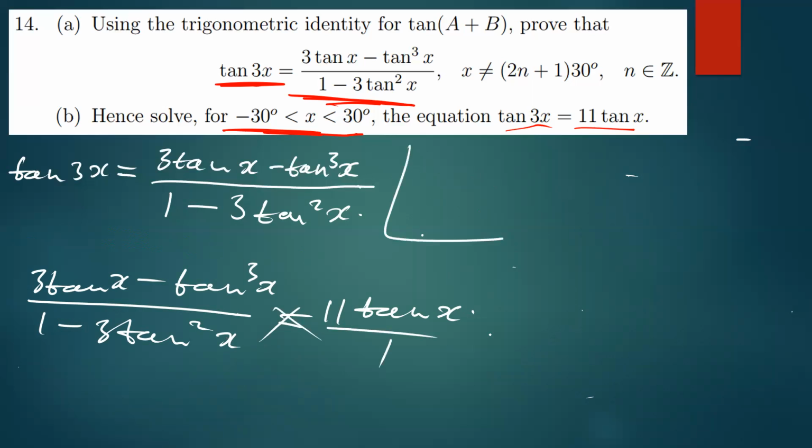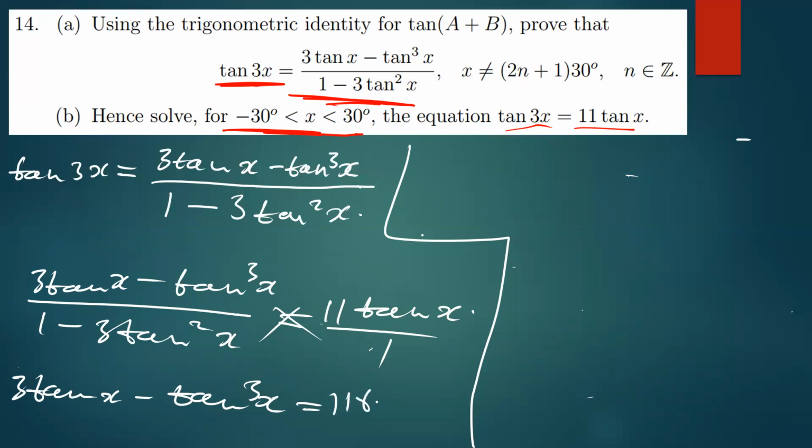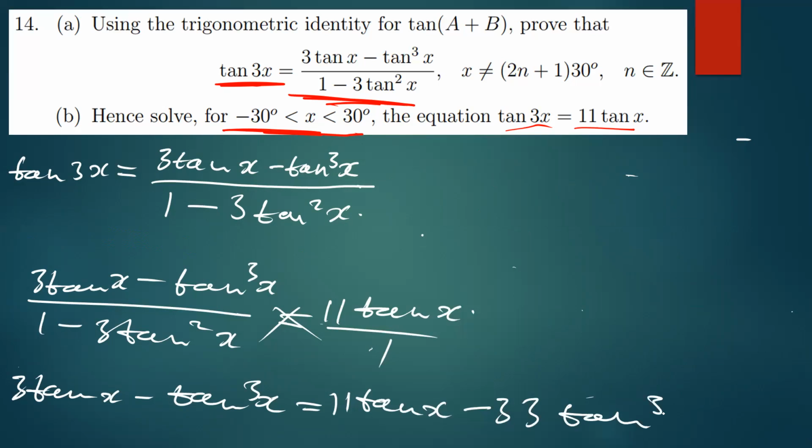When you do the cross multiplication, we're going to get 1 times everything this side, 3 tan x minus tan cubed x. And then the other side will get 11 tan x times 1, 11 tan x, and then 11 tan x times negative 3 tan squared x, which will give us negative 33 tan cubed x.